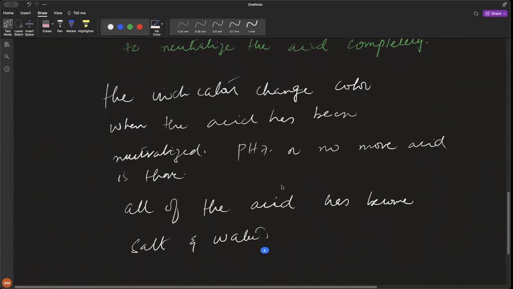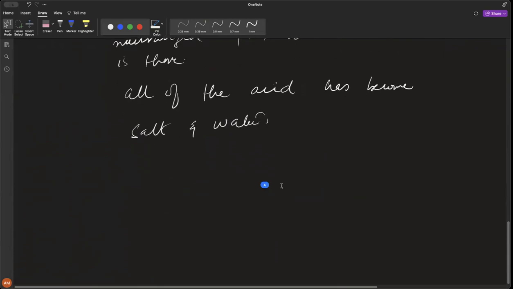So this is titration. Okay, this is titration. So what are the main steps involved in it? Let's take an acid plus an alkali.